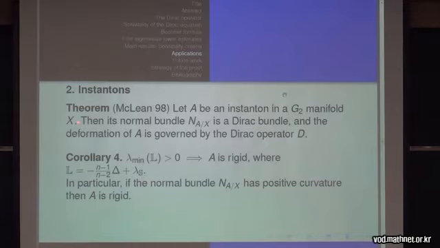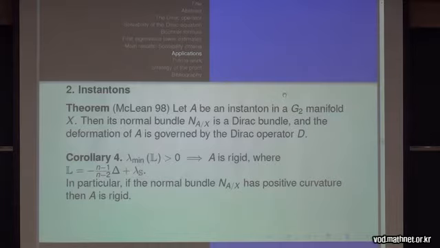Their theorem says that the normal bundle of the instanton has the structure of a Dirac bundle, and the deformation of the instanton is governed by the Dirac operator. So our result about the first eigenvalue can give a criterion of the rigidity of the instanton in G2 manifolds.